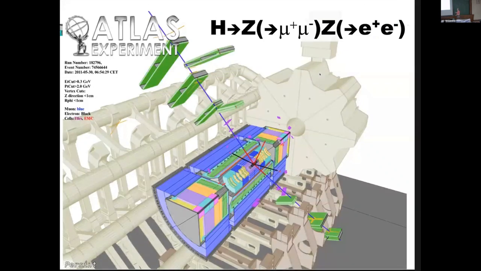This is an event of a Higgs candidate in the ATLAS experiment, where there are two muons and two electrons, coming from two Z bosons, and the two Z bosons are making a Higgs boson. This is obviously a representation of the data, but it is not the data itself. We don't use this for the analysis.